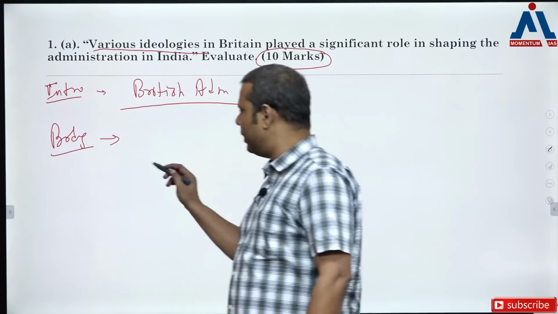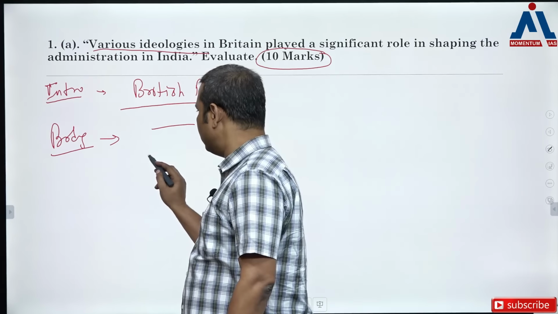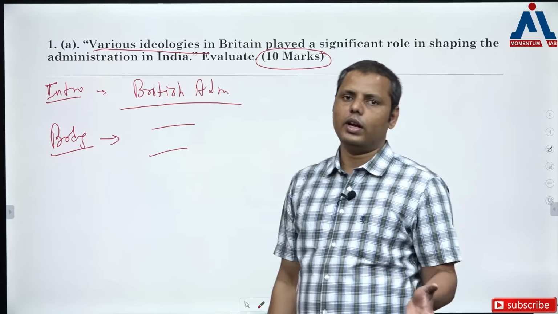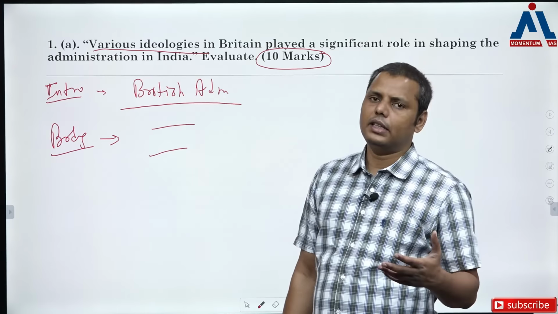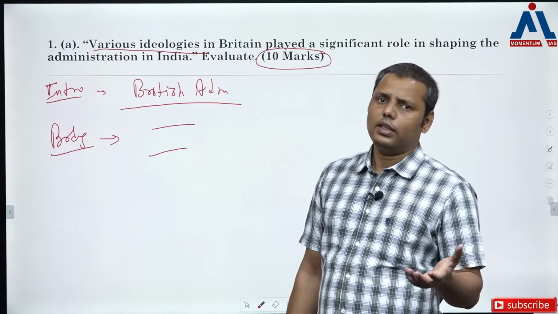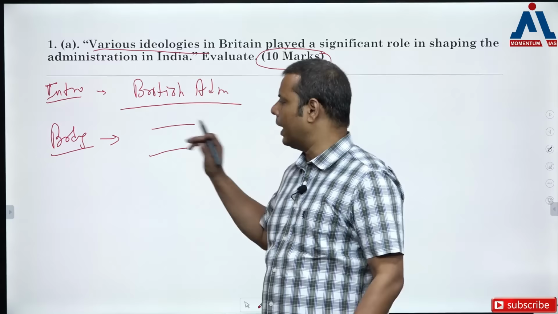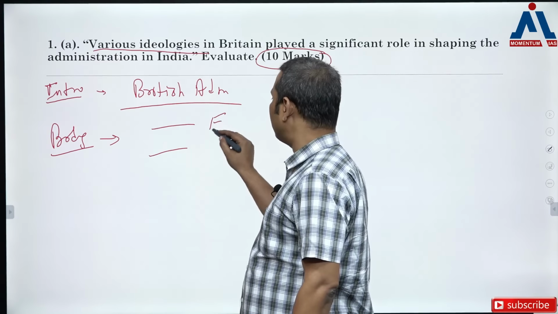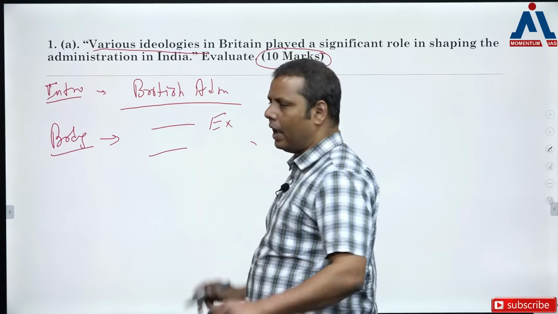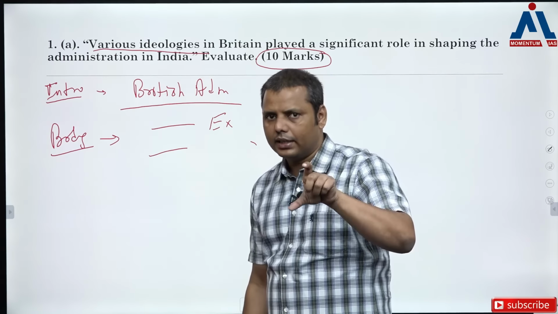You'll write about all these ideologies, starting with Orientalism, then Utilitarianism, Anglicism, then you can talk about Evangelicals, and then the supporters of free trade. You'll write about these ideologies, and they must be supported with certain examples. I have already been asking you to write things in point format.